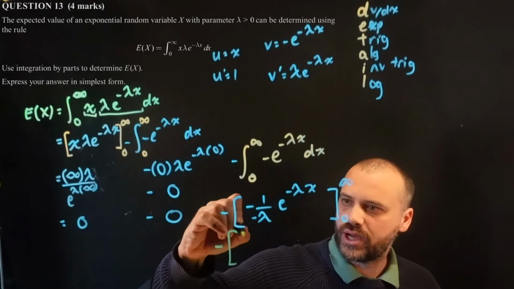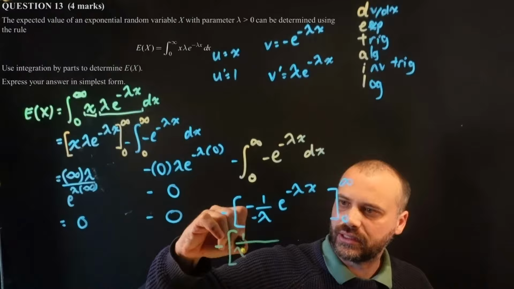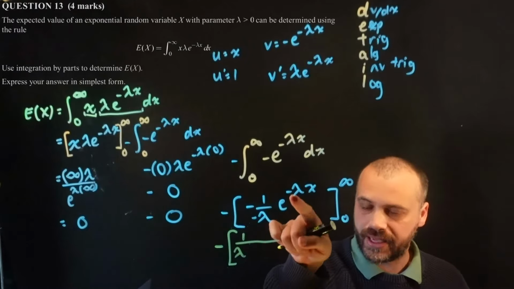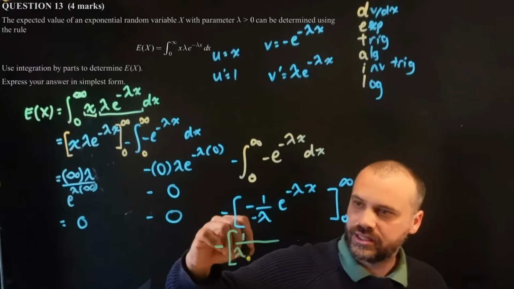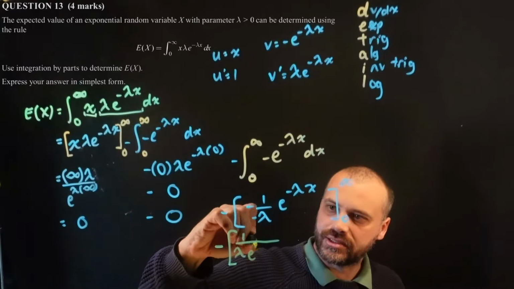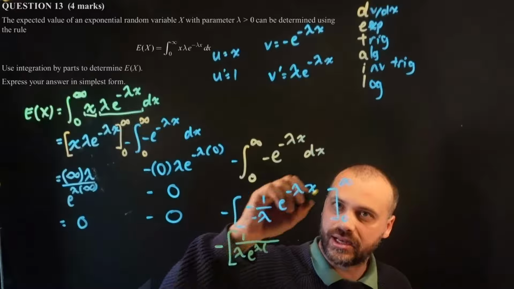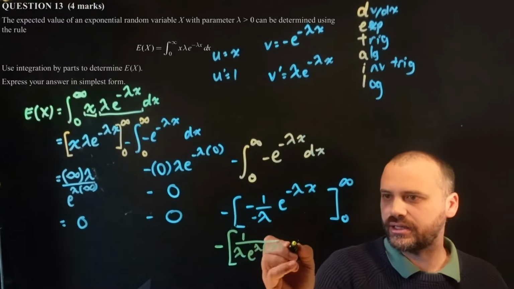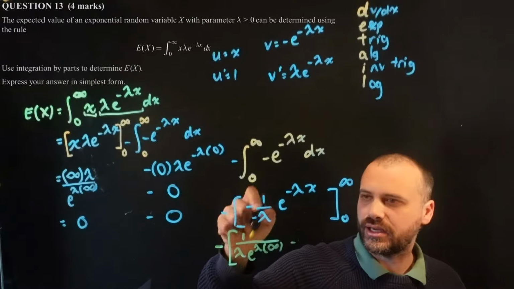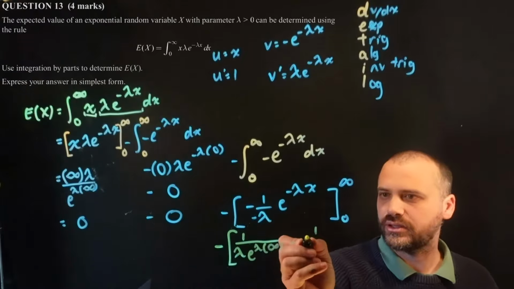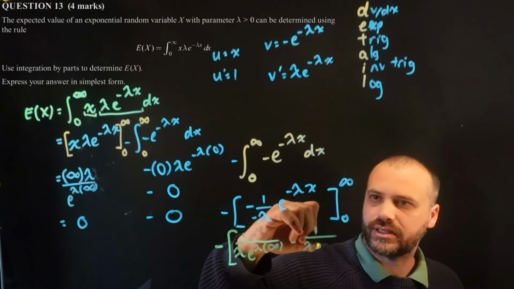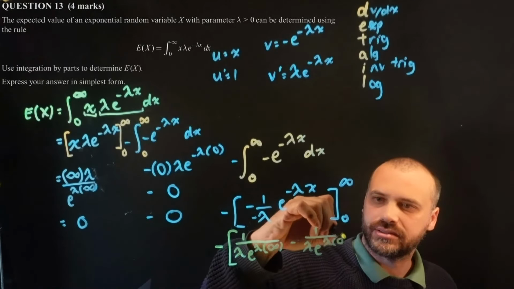All right, so we have 1 over lambda, and then we've got e to the negative lambda x. And remember, e to the negative lambda x, we talked about this here. It's the same as 1 over e to the lambda x, and x in this case is infinity. Okay, so I'm putting that in there, and then I'm doing, again, 1 over lambda e to the lambda 0.